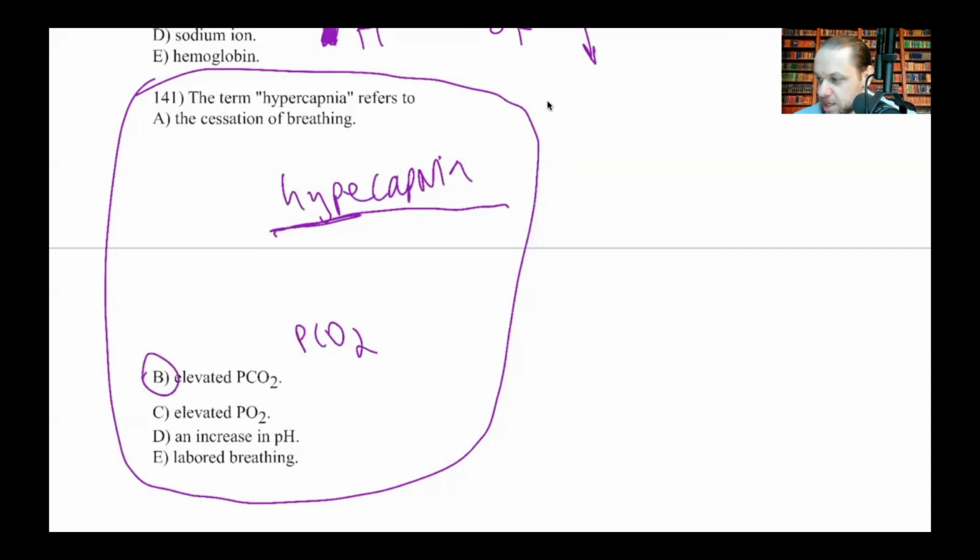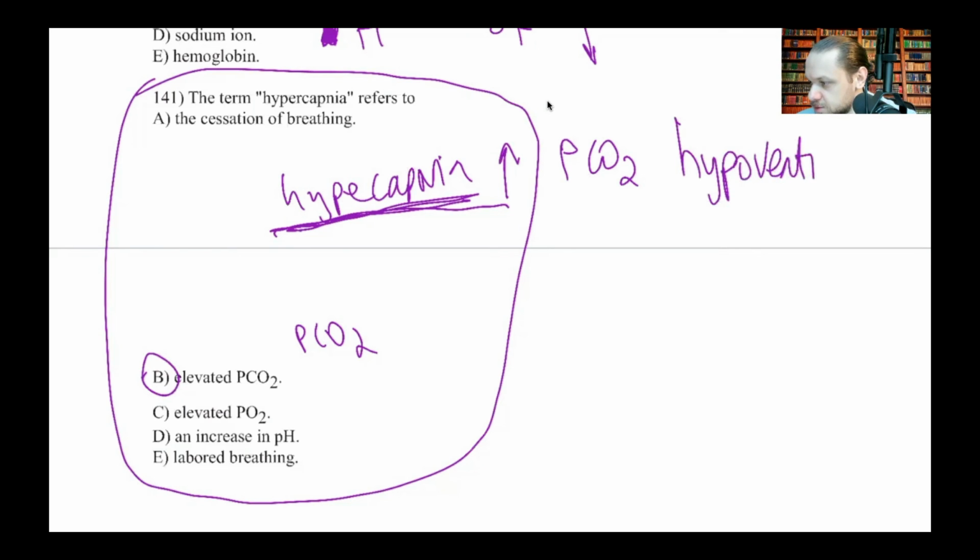By the way, since we are on the terms, hypercapnia means elevated PCO2. So would the person be hyperventilating or hypoventilating when they have hypercapnia? Hypoventilating. Hypoventilation means my ventilations are lower, which will retain my CO2, so I will become hypercapnic.